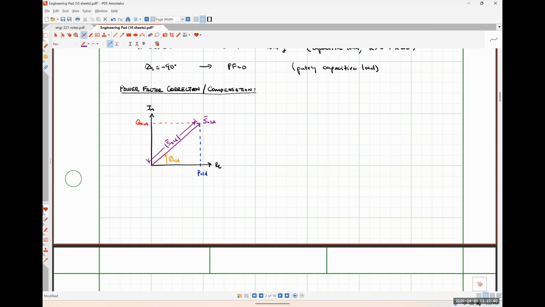So if we wanted to increase the power factor at which this load is operating, in a practical sense, we would do this by simply injecting some amount of supplied reactive power into our system, okay? That would tend to make that angle theta old smaller. And so our corrected system might look something like this, okay?